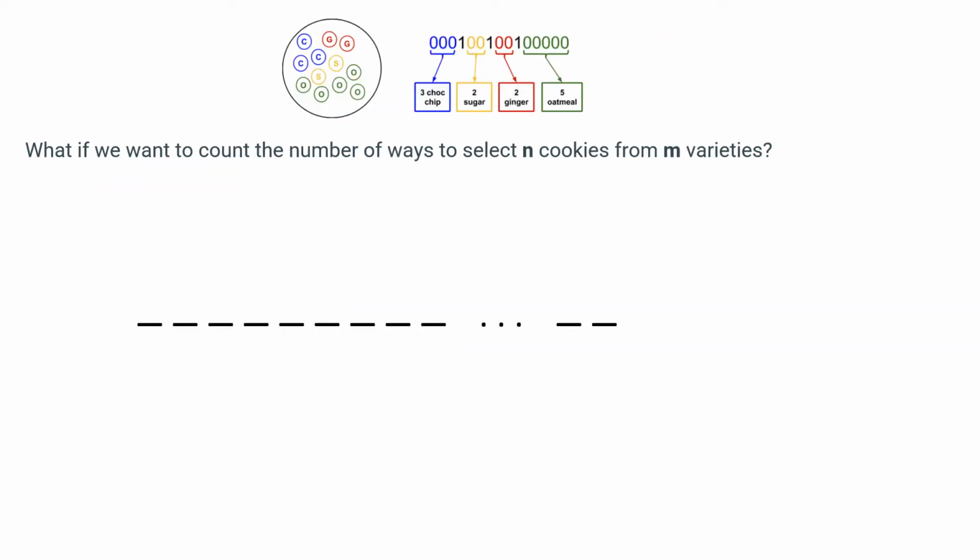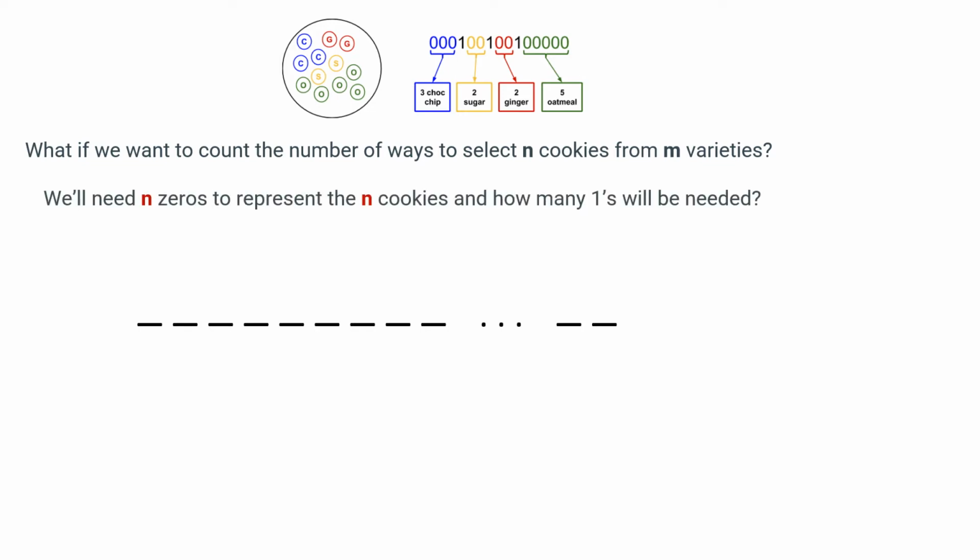So now let's be a little bit more general. Say we aren't necessarily selecting 12 cookies from 4 varieties, but we're selecting n cookies from m varieties.